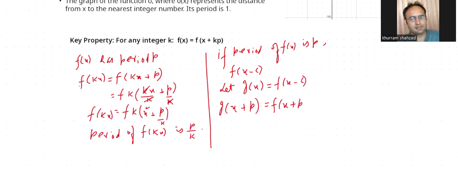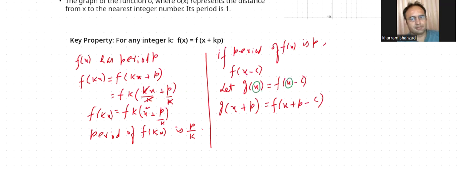We have to write here, in place of x, x plus p. So g of x plus p is equal to f of x plus p minus c. Now, what is this f of x plus p minus c?